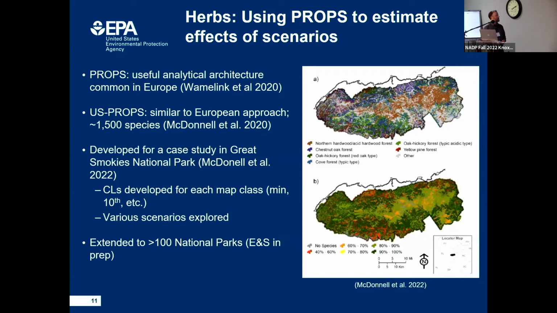So Todd and a team developed a US props database with about 1,500 species, and then developed these different scenarios of future changes in atmospheric deposition and climate change to see what does it mean. This is actually for the Great Smokies National Park that hopefully many of us will be going to on Friday.